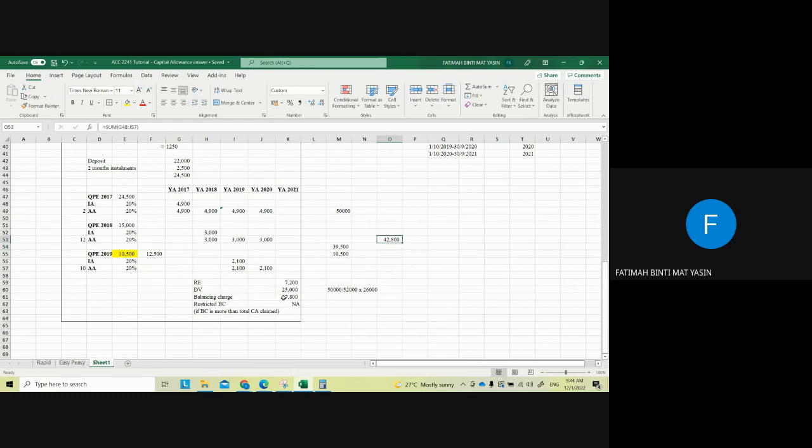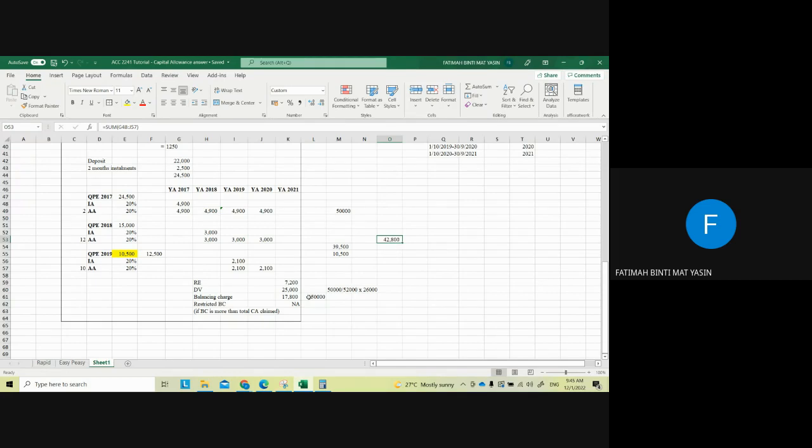The balancing charge is still less than this figure, so the company can consider this as their balancing charge. But let's say, for example, the balancing charge after you calculate it is 50,000, but the company only claimed initial allowance and annual allowance of 42,800.